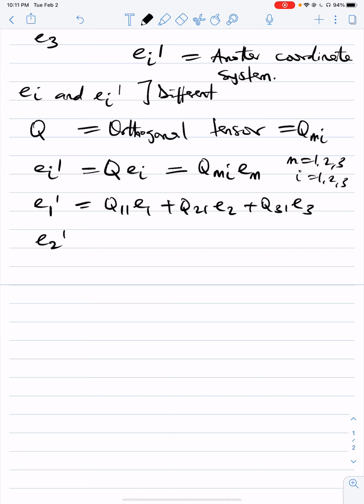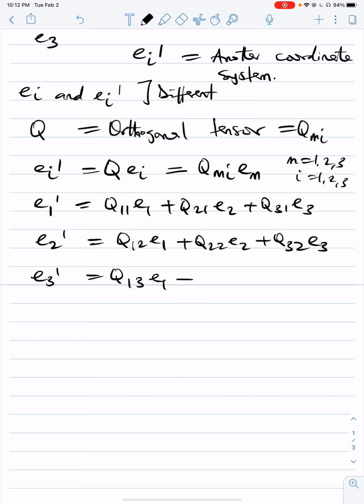Similarly for E2 prime, you get Q12 E1 plus Q22 E2 plus Q32 E3. Then for E3 prime, you get Q13 E1 plus Q23 E2 plus Q33 E3.